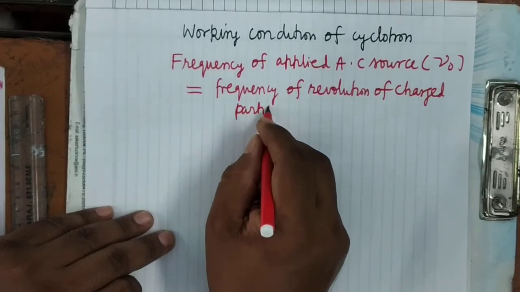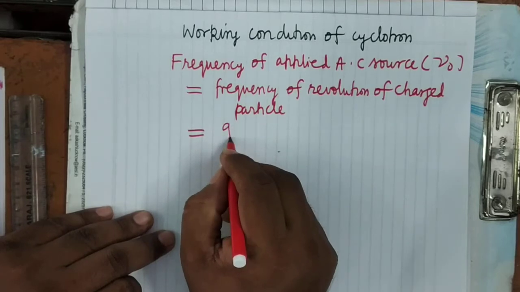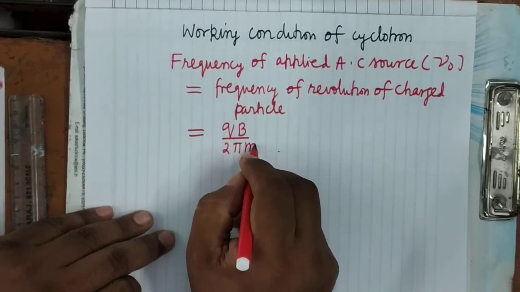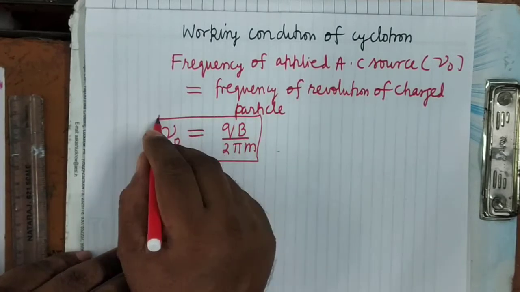And what is the frequency of revolution of a charged particle? It is qB upon 2 pi m. So nu naught is equal to qB upon 2 pi m.